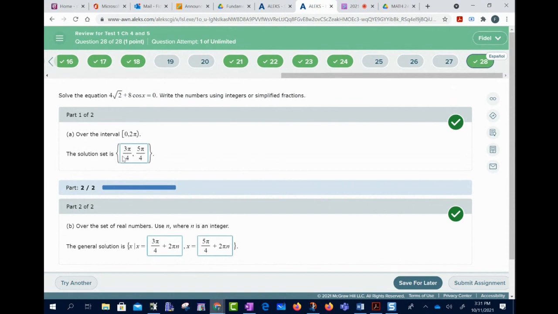Because the period was pi, these things repeat over every multiple of pi. So when we do it over 2 pi, not only are we going to have these 2 answers, but now we're going to have another pair of answers because they're occurring on that second interval from pi to 2 pi. So sometimes you end up getting more than just the 2 general answers like we got over here. But that's when the period is not just 2 pi.